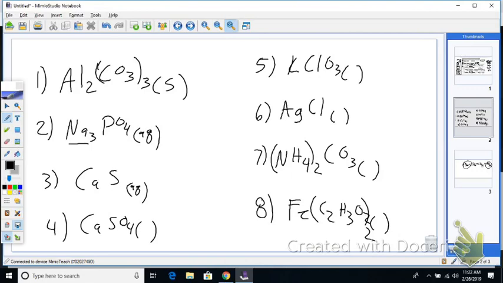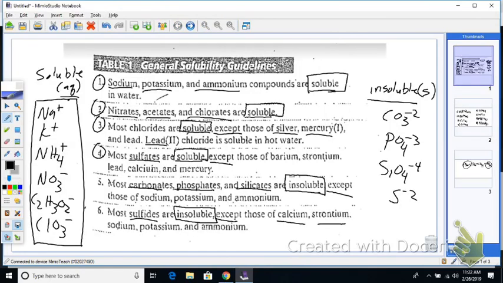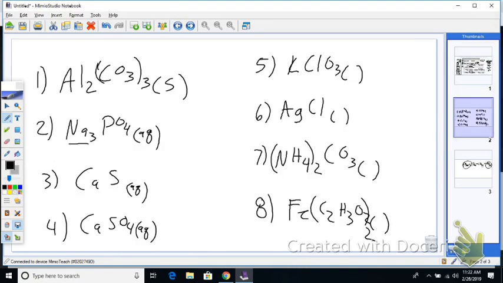Soluble, isn't it? I thought it was insoluble. Okay, let's look at SO4. Most sulfates are soluble, except if they're barium, strontium. So it should be insoluble, shouldn't it? Yeah. So that should be an S. I'm pretty smart.